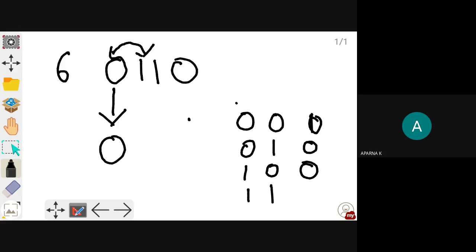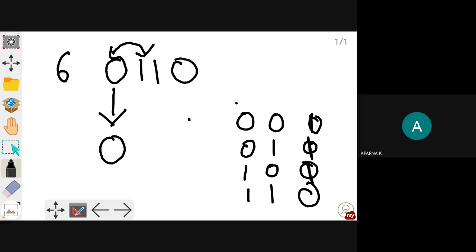This is the XOR gate. The XOR gate output will be 1 if the inputs differ. If both inputs are 0 or both inputs are 1, the output will be 0.